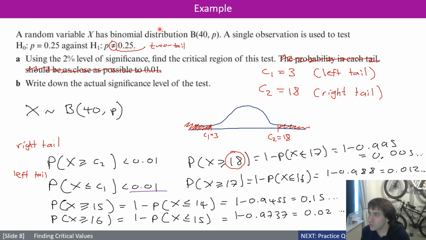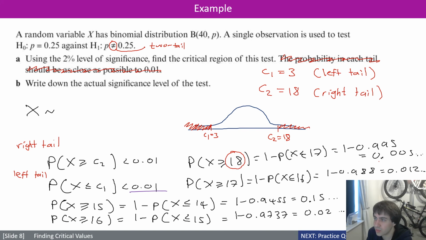Remember, the values we can take with 40 trials is 0 to 40. We've got the acceptance region in the middle and the critical regions. There's 2 of them, and we combine those to get a single critical region. So the critical region is when x is 3 or lower, or x is 18 or higher. So that's going to be our final answer.